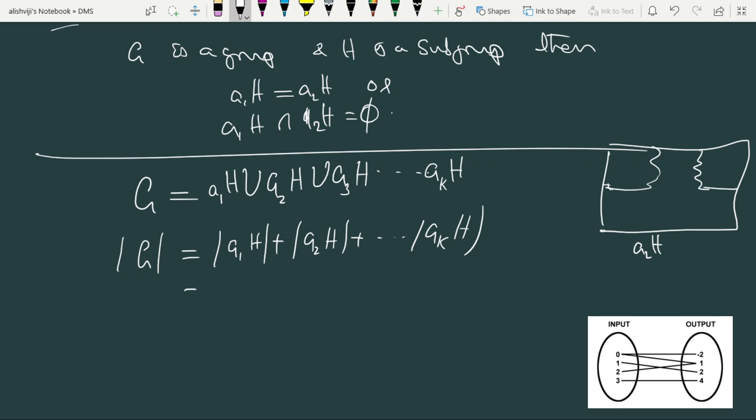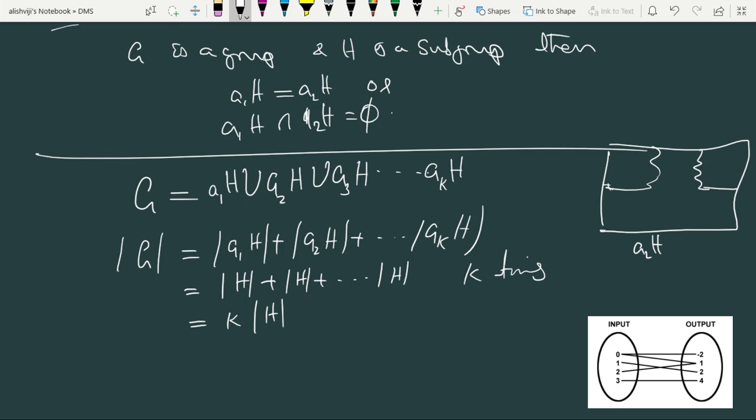But we know that A1H, A2H, etc. contain the same number of elements, or by our first result, all the left cosets contain the same number of elements, and that is equal to the number of elements in H. So it is nothing but the number of elements in H plus the number of elements in H plus etc., k times, and therefore this is equal to k times the number of elements in H, and k is an integer.